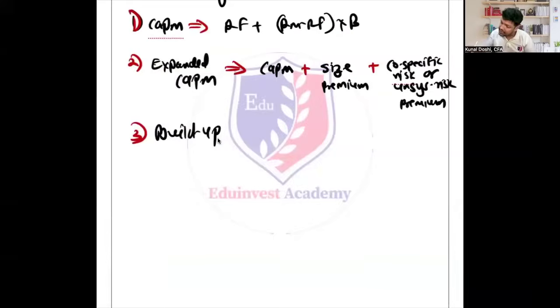So yes, in the build-up approach, we will use risk-free plus the market risk premium, which is RM minus RF, correct? Market risk premium, but into the beta we use 1. So we assume we are using a broad index, and therefore there comes an industry related premium also, which was not there in expanded CAPM, where we assume that the peer companies are in the same industry.